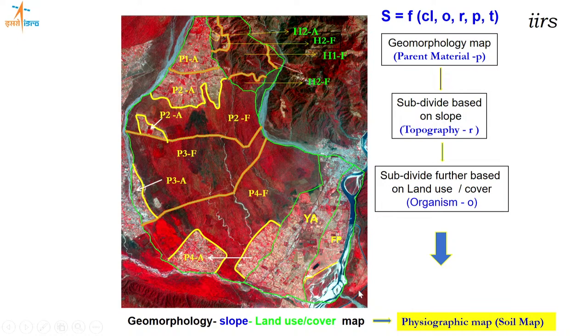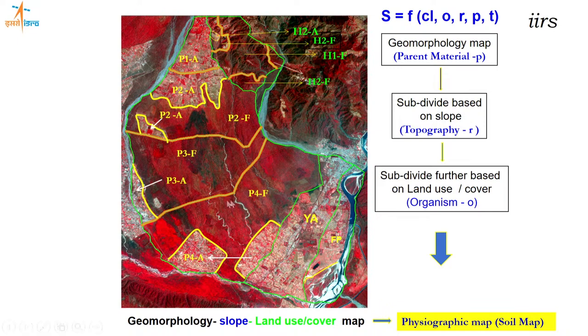This physiographic map is based only on the remote sensing data. I don't know about the soil unless I go there and study the soil. I study the soil profile, or if my interest is not the soil profile, then I can take a surface sample. If your objective is only to study the surface properties of soils, take surface samples. If you want surface and subsurface both, you can collect the soil sample.